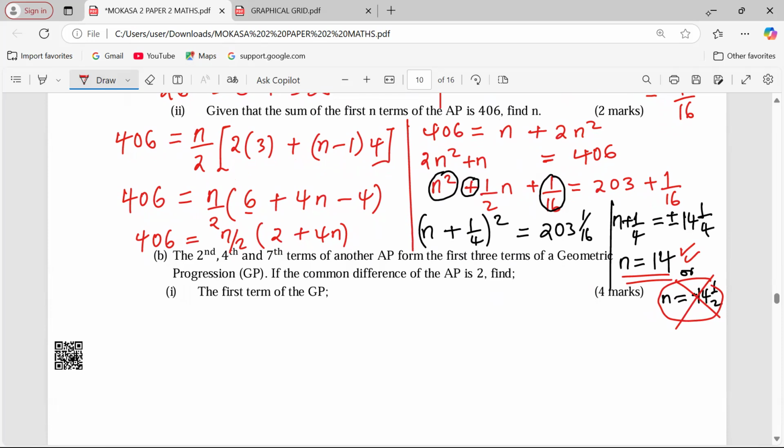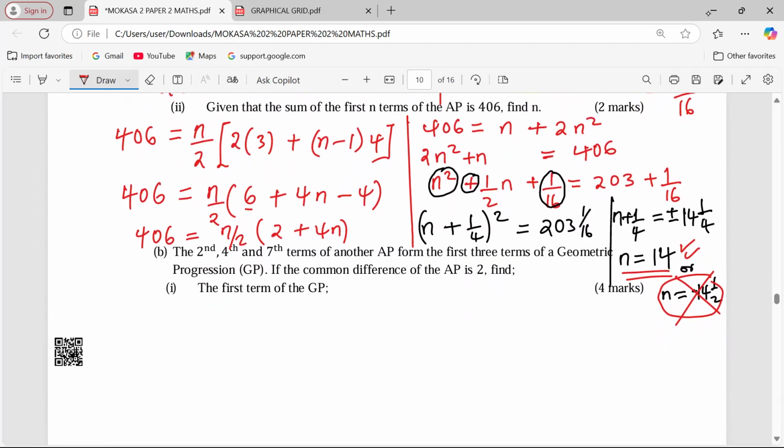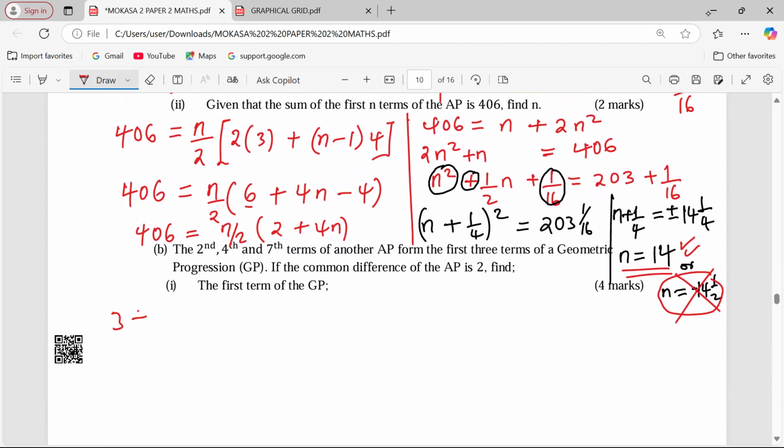Actually, a student may do this instead of working with that formula. A student may check the first term, which is 3, plus we are having a difference of 4. So you continue adding until you see what term will give us 406.